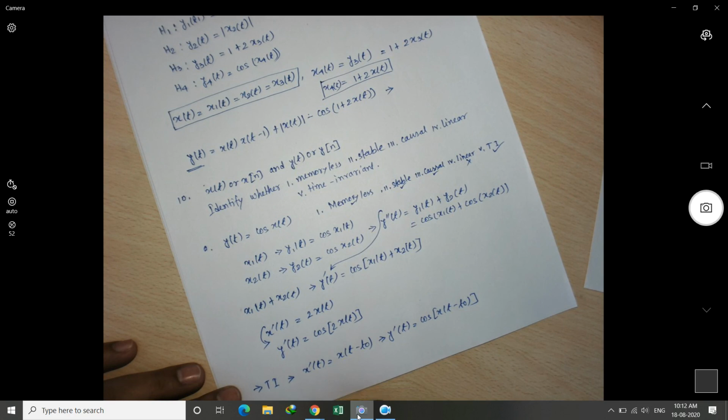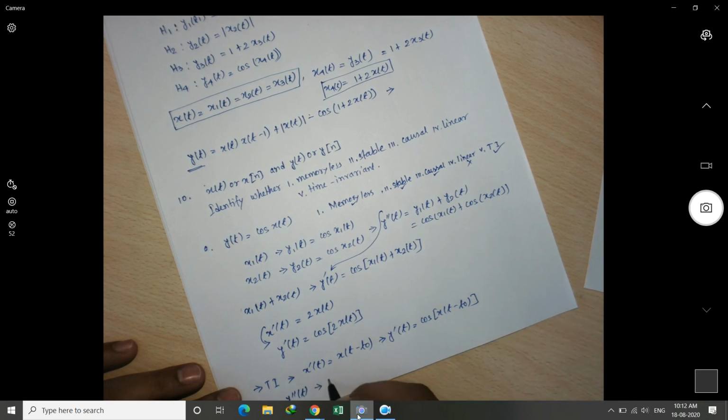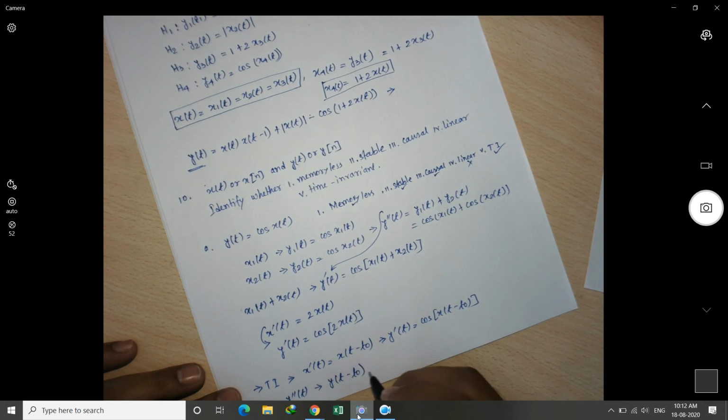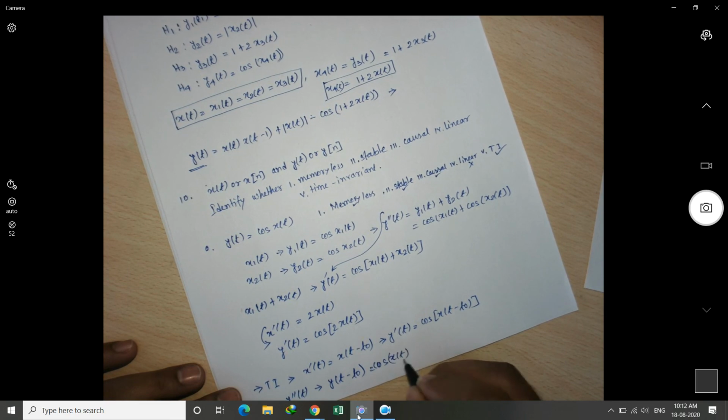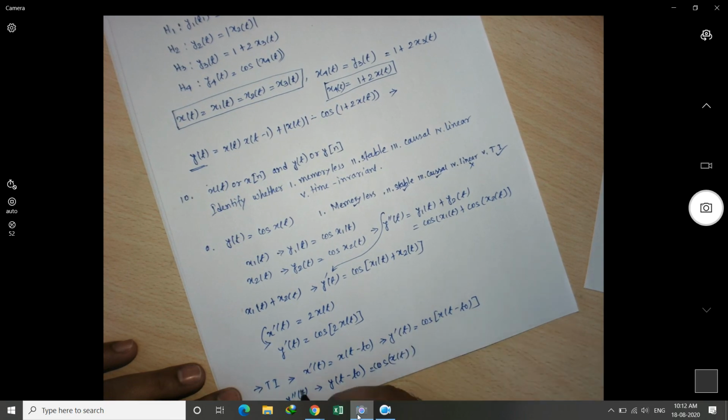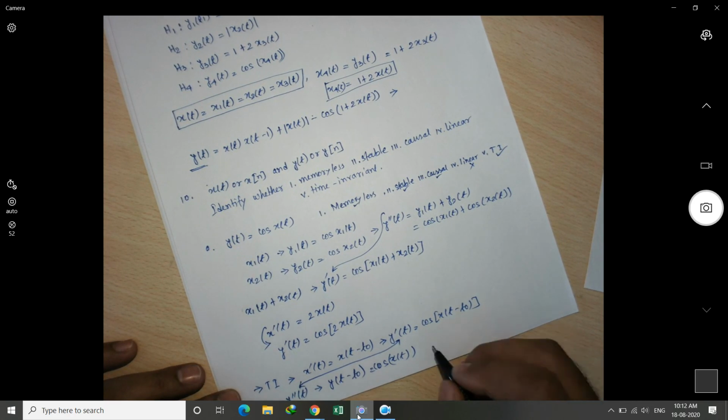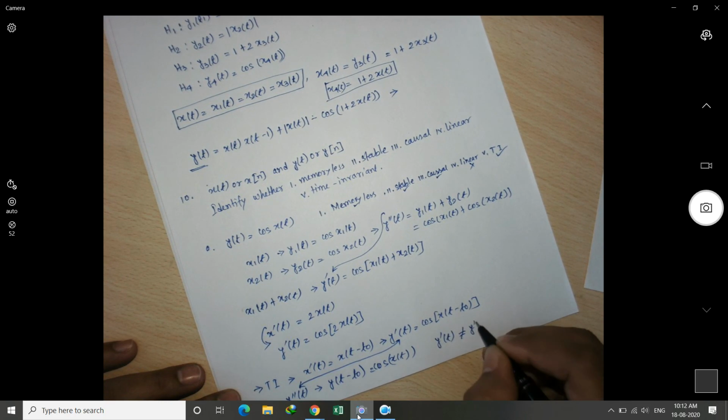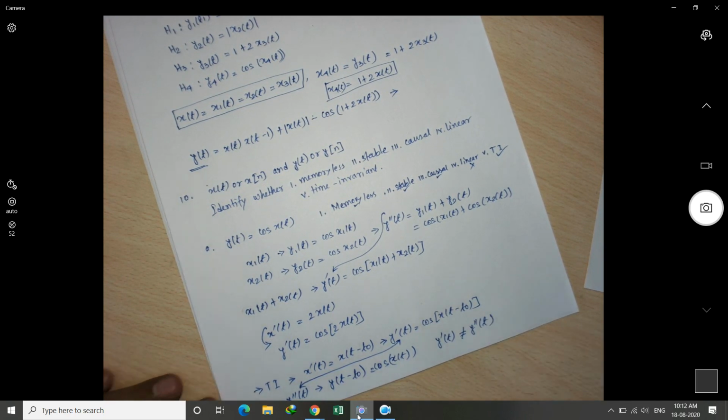Next, for the second case, y double prime(t), the output itself is time shifted, that is y of t minus t naught, cos of x(t). So we need to compare between this y prime(t) and y double prime(t). If we are doing the comparison between this, y prime(t) is not equal to y double prime(t). Fine. So it is not a time invariant system.